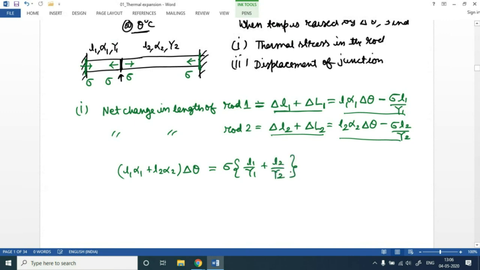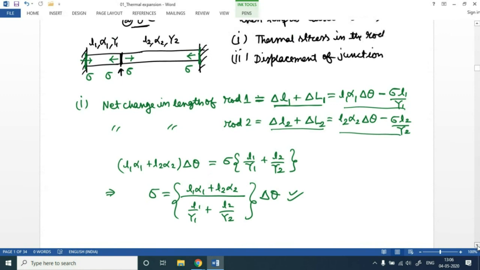So this relationship clearly gives us the value of sigma, which is equal to L1 alpha 1 plus L2 alpha 2 divided by L1 by Y1 plus L2 by Y2, multiplied with delta theta. So that is the answer for the first question.